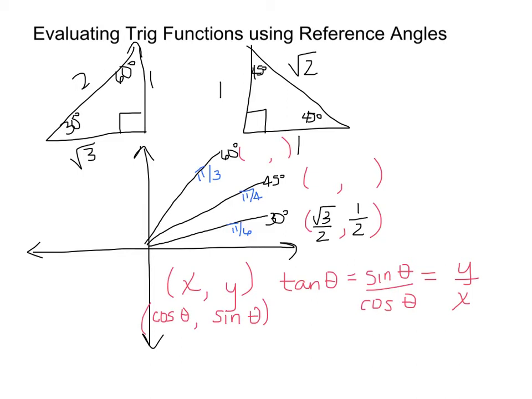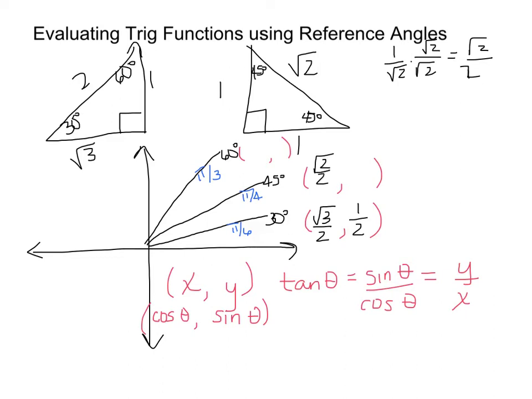And then using the 45, go to the 45, 45, 90 triangle. Cosine of 45 would be 1 over square root of 2, but you have to rationalize it. So that'll be square root of 2 over 2.